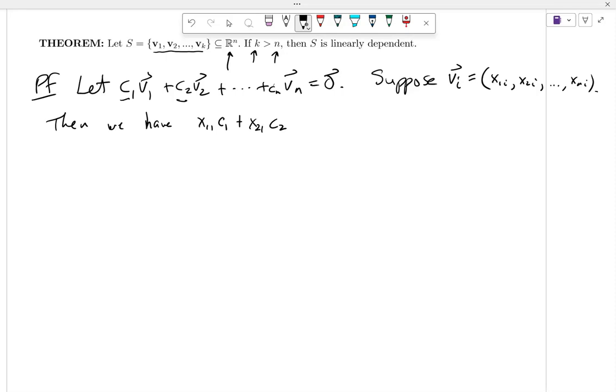This is the first component, right? Sorry, I did label it the right way. This should be x12 through x1n cn. That has to be 0. Likewise, the second components have to be true.